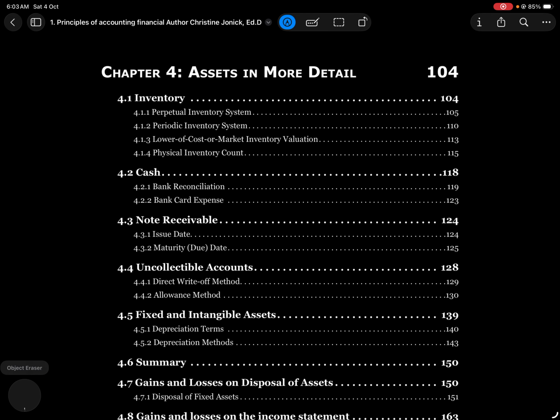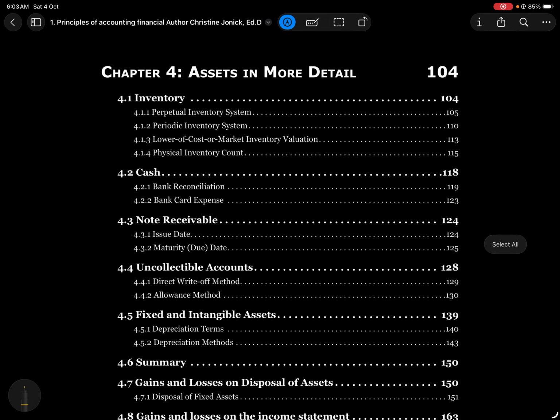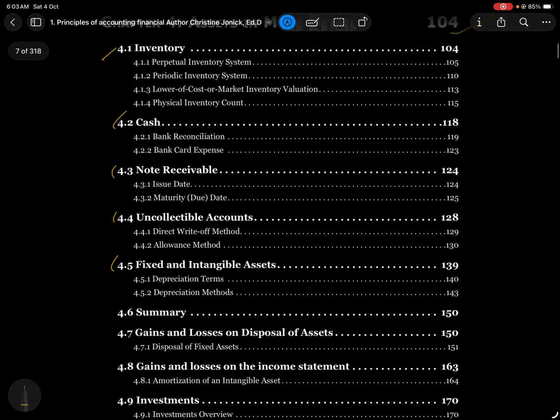Moving on, what we shall be doing is basically talking more about assets in detail in this chapter. We will first of all talk about inventory, move on to cash, note receivable, uncollectible amount, fixed and tangible assets.